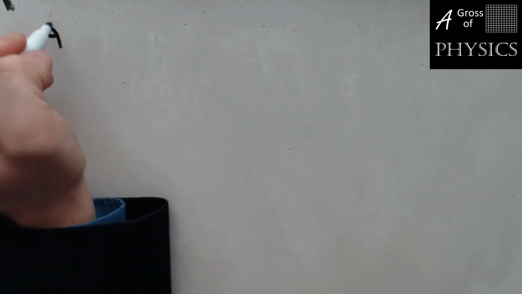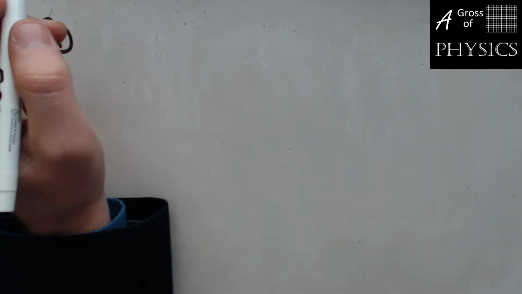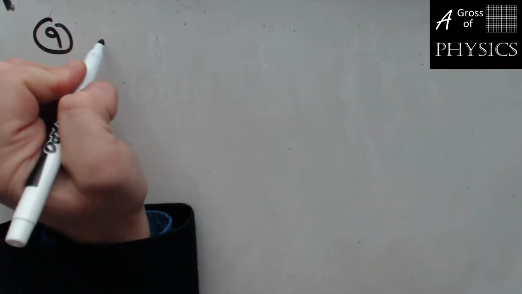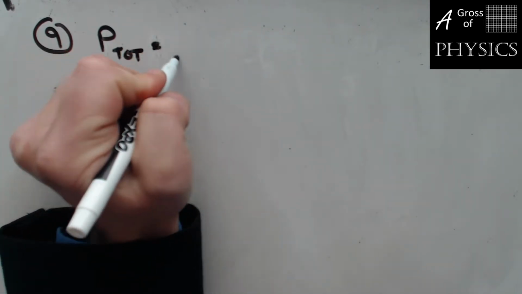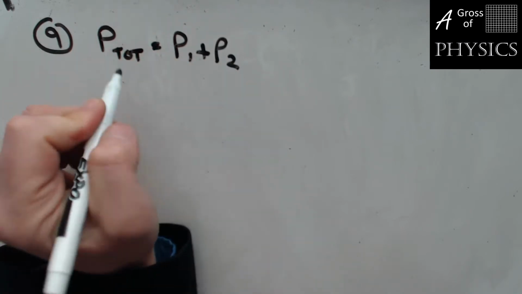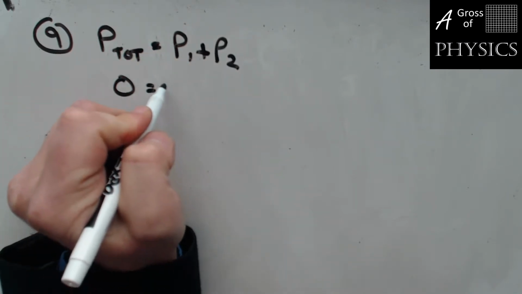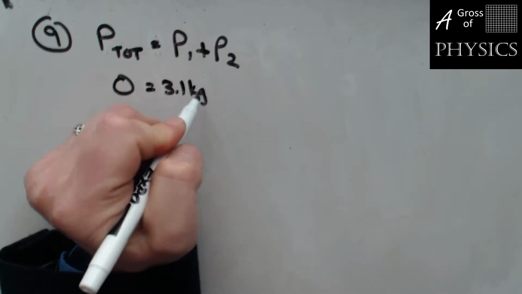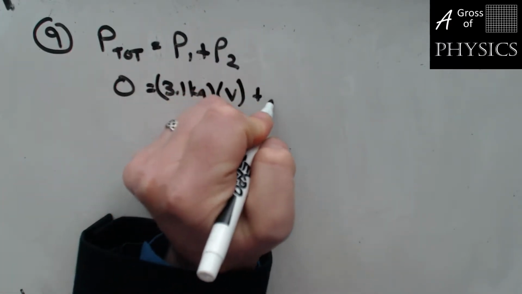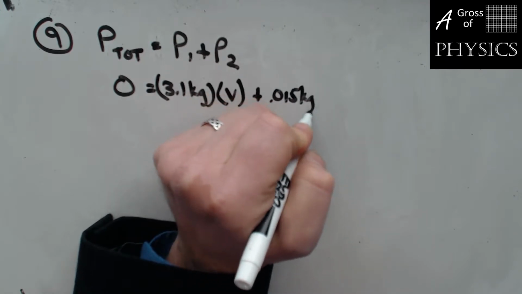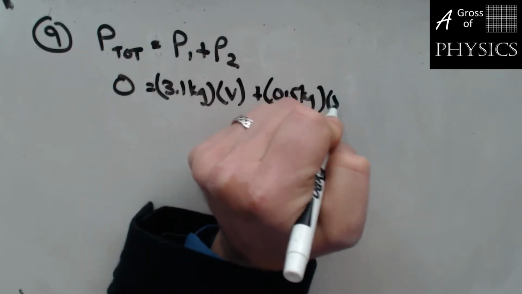All right, question 9. A 3.1 kilogram gun initially at rest is free to move. A 0.015 kilogram bullet leaves the gun with a speed of 500 meters per second. What's the speed of the gun? So there's conservation of momentum. P total equals P1 plus P2. Total P is 0 to start. 3.1 kilograms for the gun times V plus 0.015 kilograms times 500.